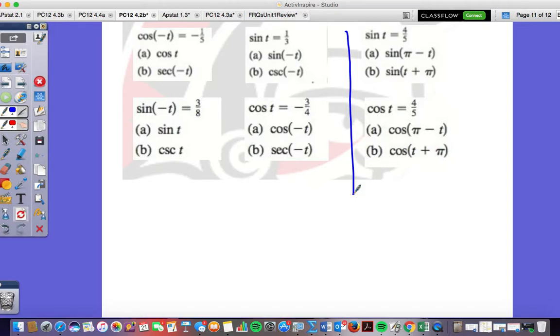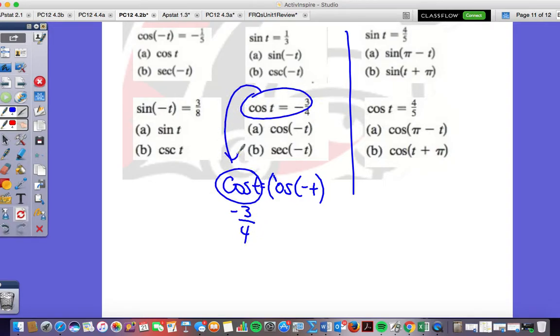Cosine t is equal to cosine of negative t, right? Yes. So what do we know? A equals negative 3/4, because I plug in negative 3/4 for cosine t, right? You see how I substitute that in? They equal each other, and that equals cosine of negative t.